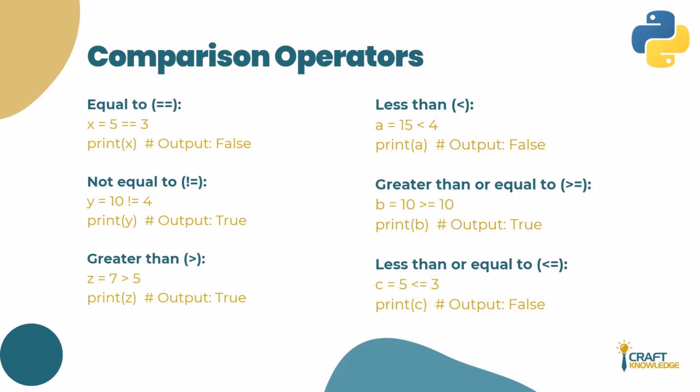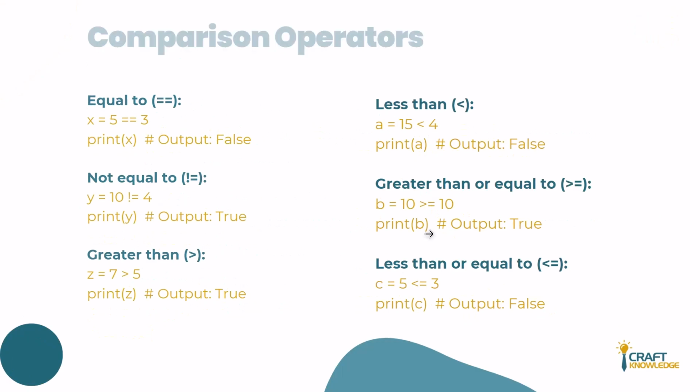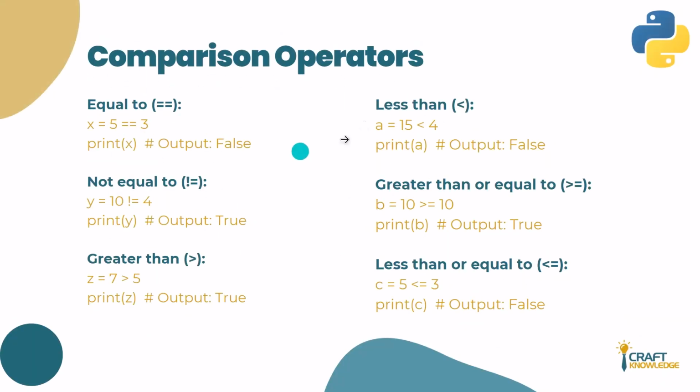And when we say true or false, it comes to a data type that we skipped last time, that is the Boolean data type, right? So there is another data type that we left deliberately last time, which is the Boolean data type that has only two values, either true or false. So these comparison operators actually work on the principles of Boolean values. They output their result in the form of a Boolean value.